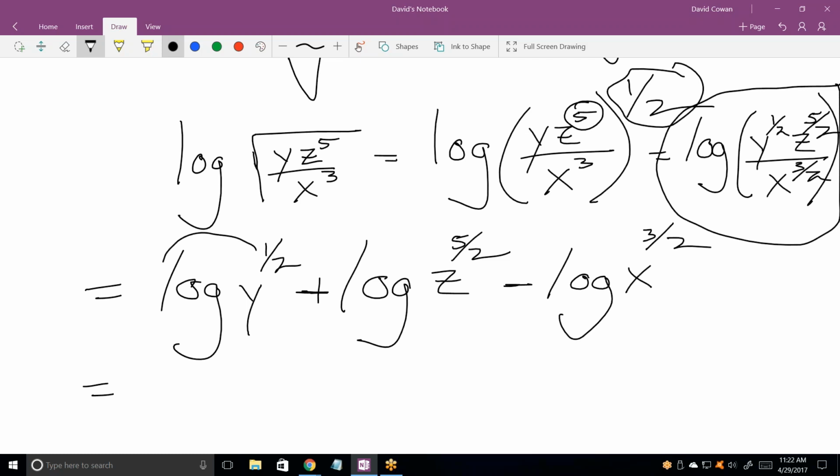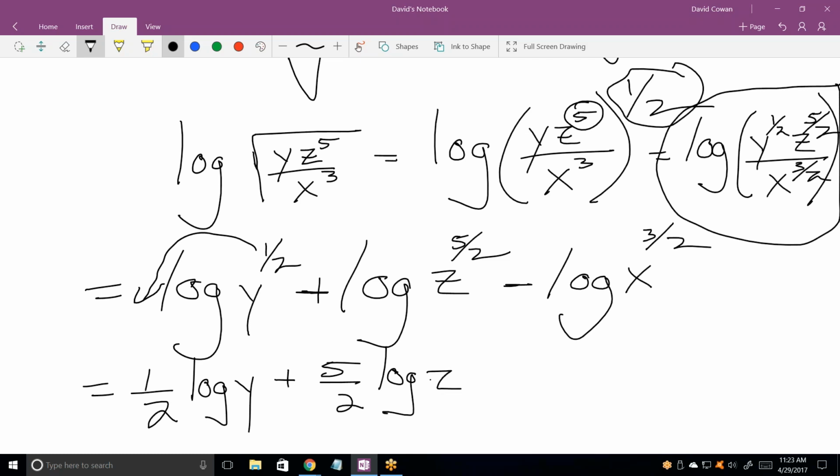Just bring that exponent down, put it on the algebra line. So 1/2 times log of y. Plus 5/2 times log of z, minus 3/2 times log of x.